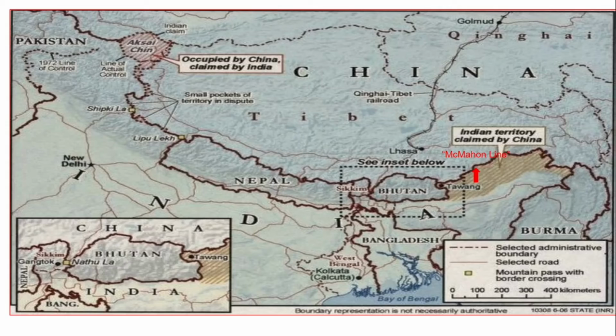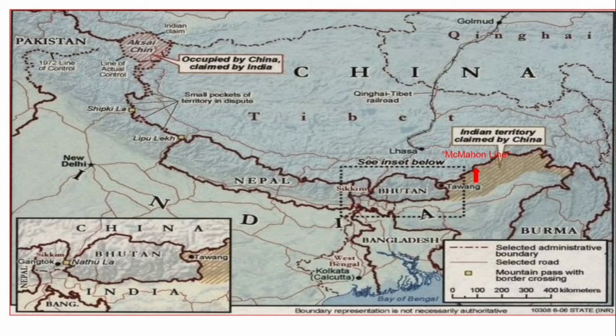China claims that the area south of Aksai Chin and McMahon line is Chinese territory. Here, south of Aksai Chin, and this territory is Chinese territory. China is not willing to agree that McMahon line is an international border.